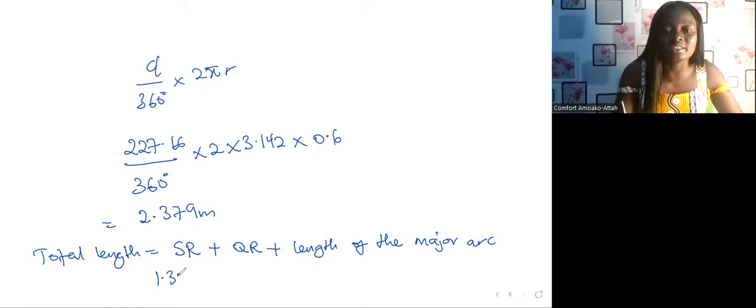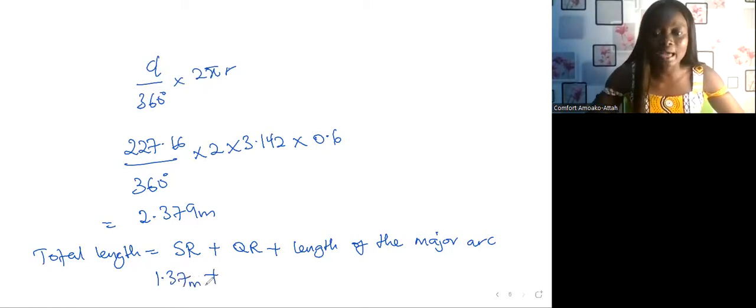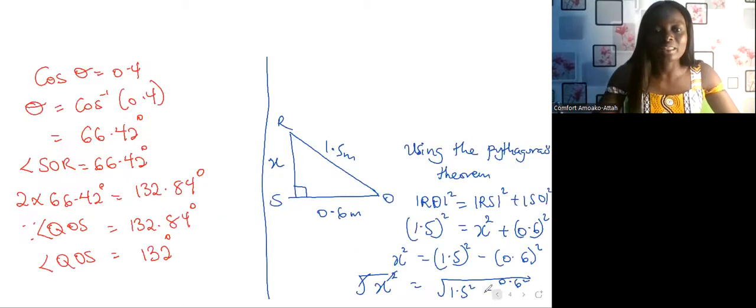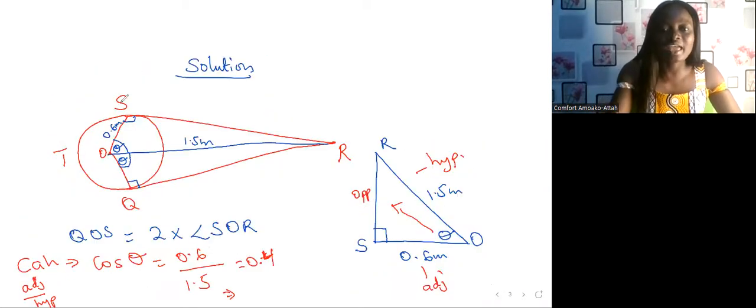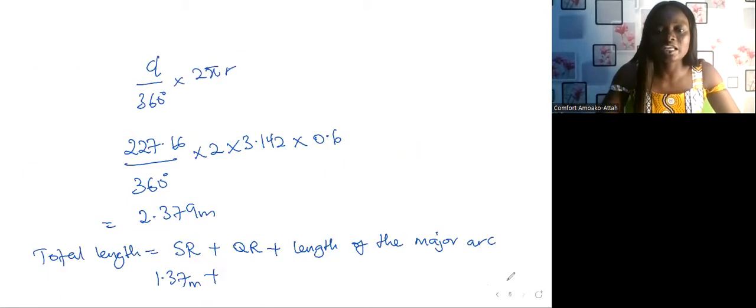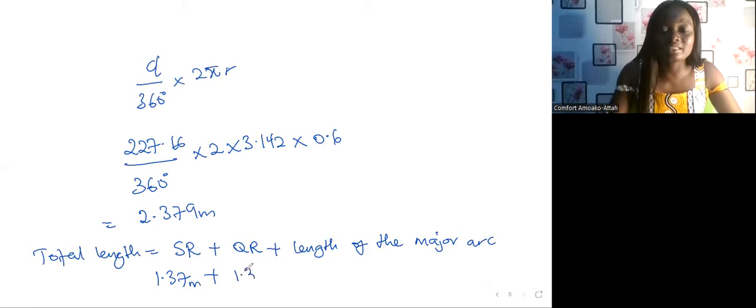So 1.37 plus, let's add the unit to it, plus, we said line SR is equal to line QR. That is this side. So if this side is 1.37, it means you're getting this side to the same measurement.